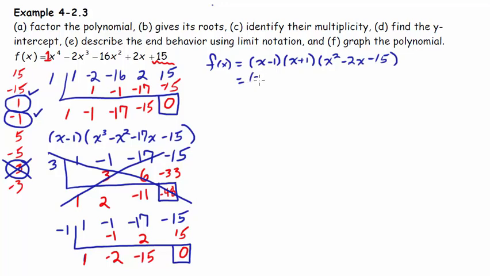So I'm going to copy these factors. Alright, so we have an x and an x. Now I need 2 factors of -15 that have a sum of -2. So I think that would be 5 and 3.